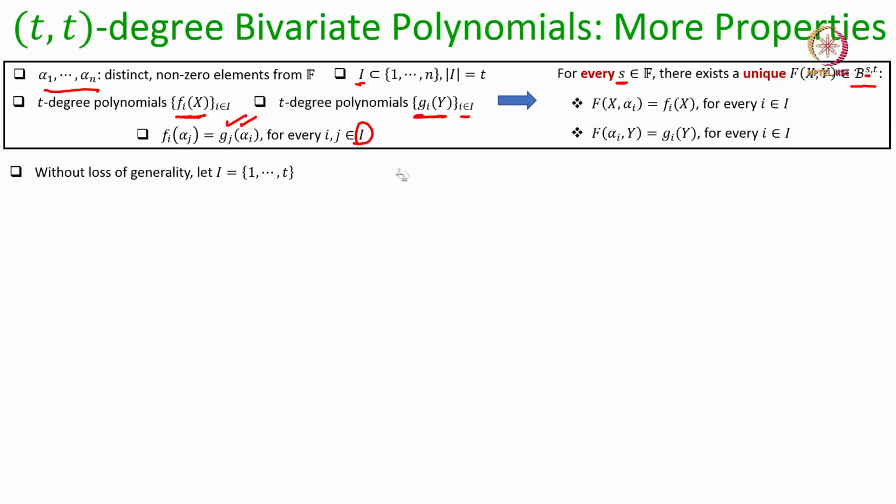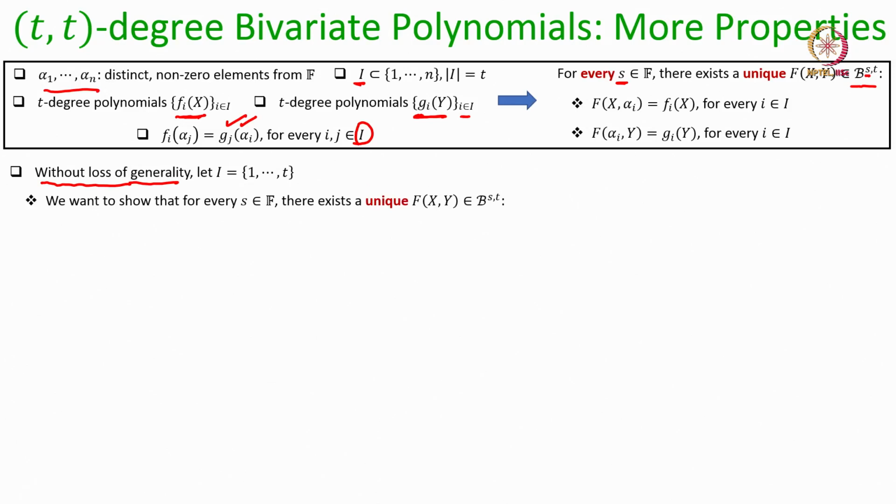So, we can prove the theorem for any index set of size t, but for simplicity and to avoid the complication of notations, let me prove it for the simpler case when the t evaluation points are the first t evaluation points, but I stress that this is without loss of generality. Whatever I am explaining here holds even if those t evaluation points are not the first t consecutive evaluation points.